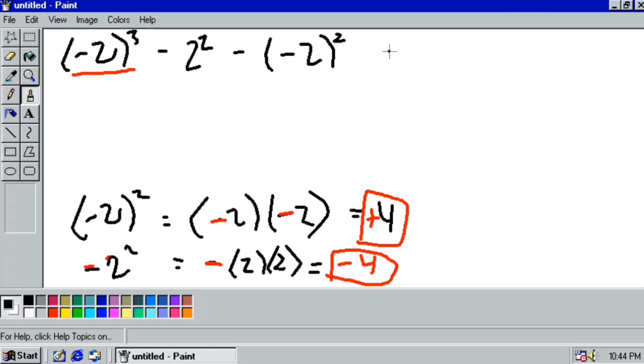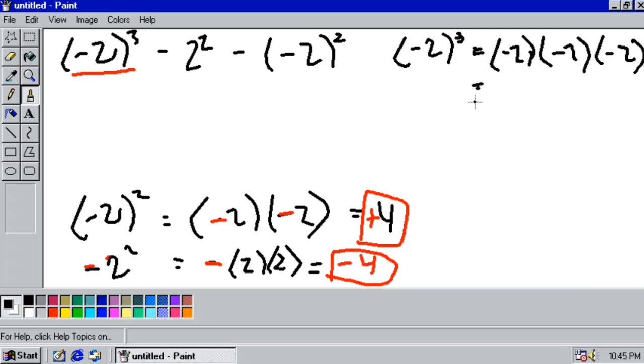If we have the quantity of negative 2 to be cubed, the equation for that is negative 2 times the quantity of negative 2 times the quantity of negative 2.